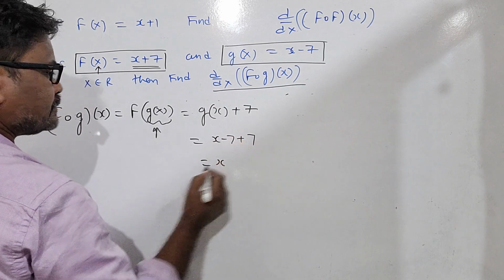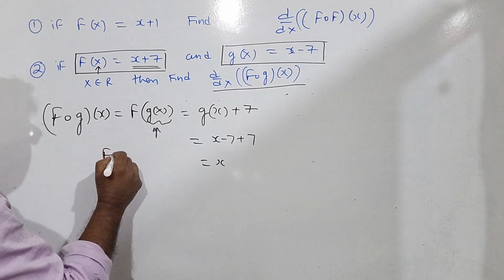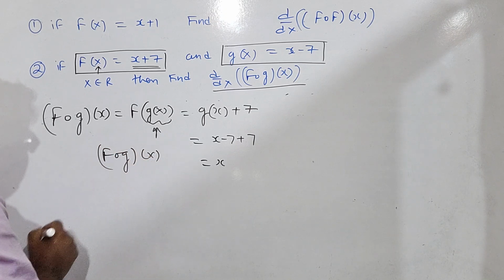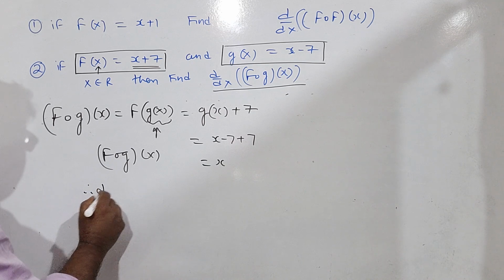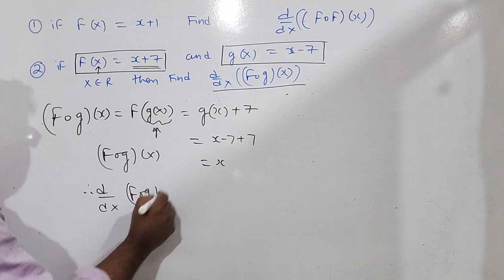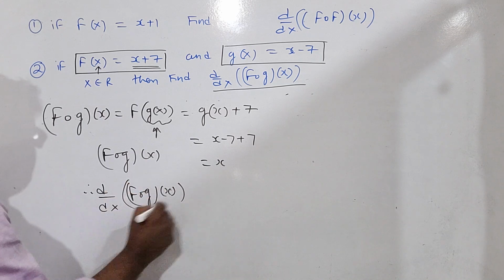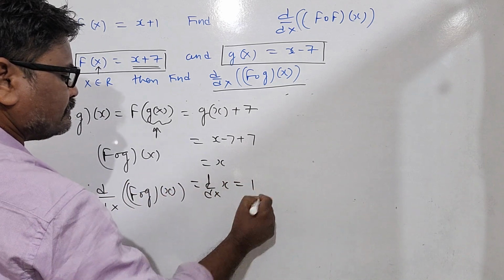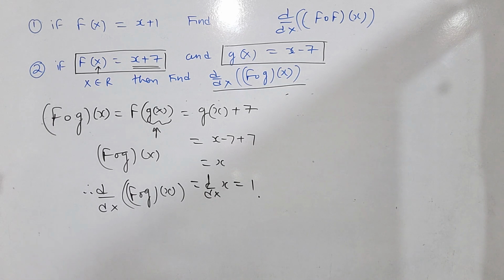So that is x. So we have found fog of x. Therefore the derivative of fog of x is the derivative of x, that is 1.